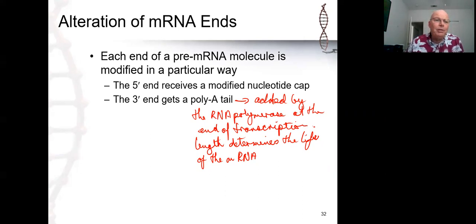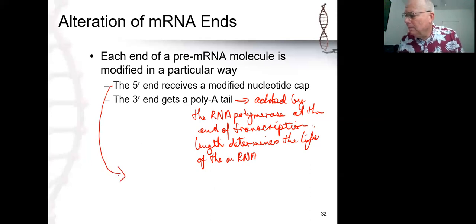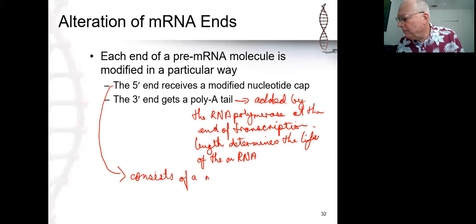The length of that poly A tail determines how long the messenger RNA is going to remain stable in the cytoplasm. The 5' cap, I'm going to bring a line down here, consists of a modified G nucleotide.